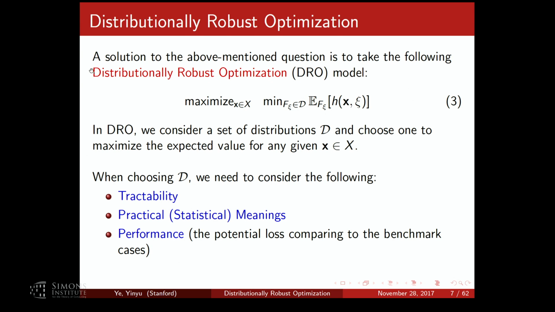Okay. We have to choose D to make the model tractable, so hopefully we can still solve it fast, theoretically maybe in polynomial time. Okay. And you also want practical statistical meaning. And finally, of course, practical performance. Does that make sense? Okay.